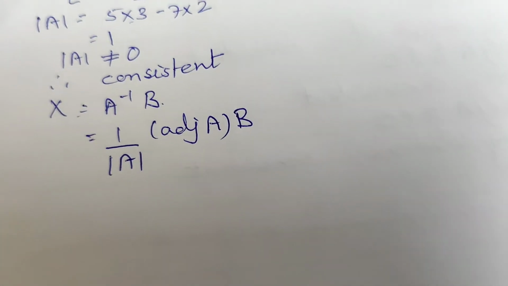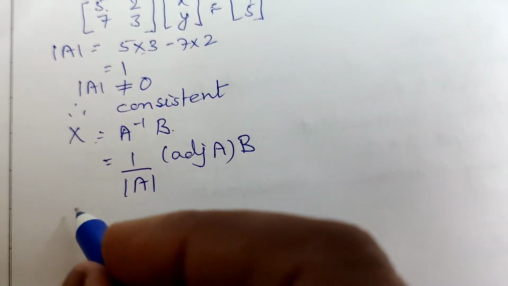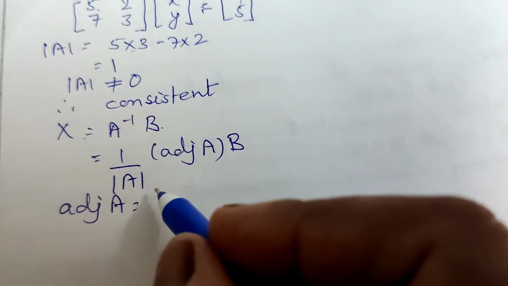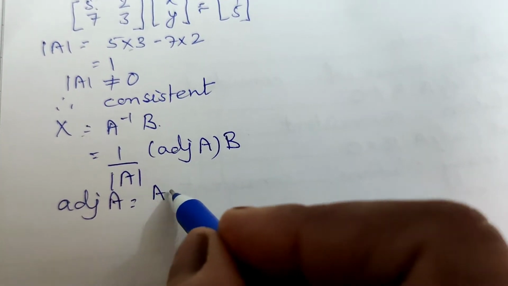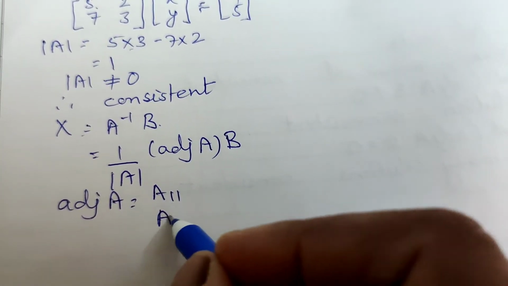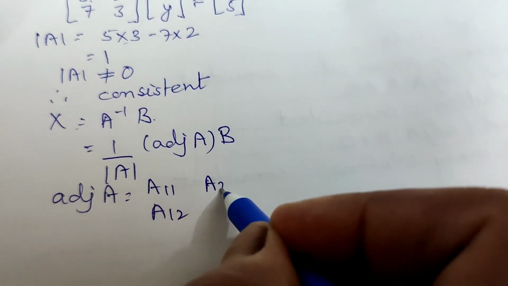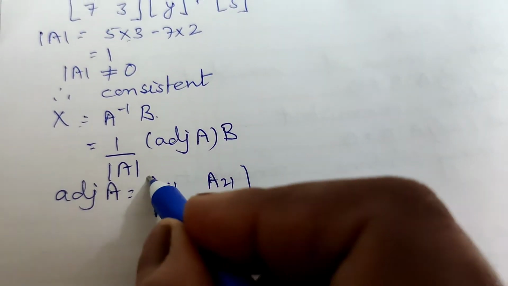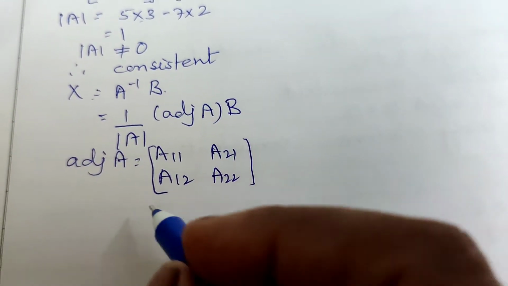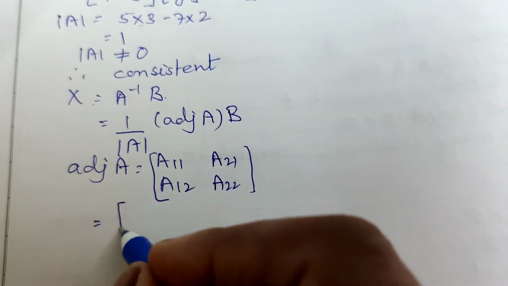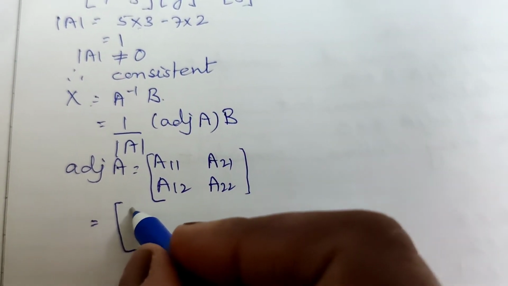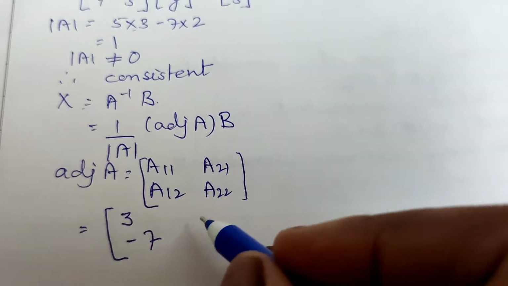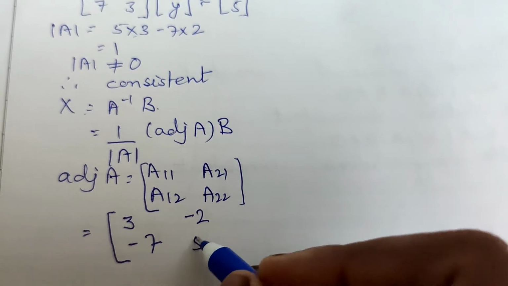Now find the adjoint of A. All of you know how to find the adjoint of A. The cofactors of the determinants, A11, A12 cofactors. This matrix is known as the adjoint of A. So you can find easily this will equal 3, minus 7, minus 2 and 5.